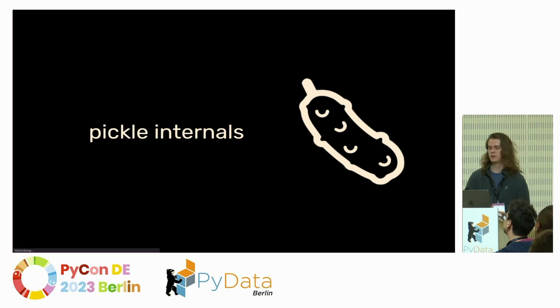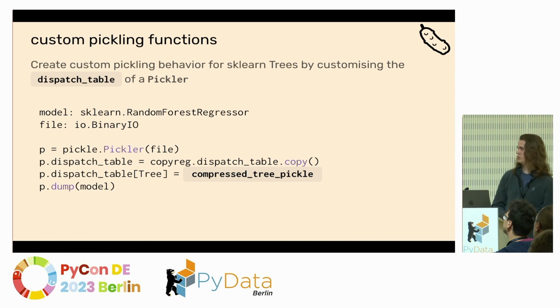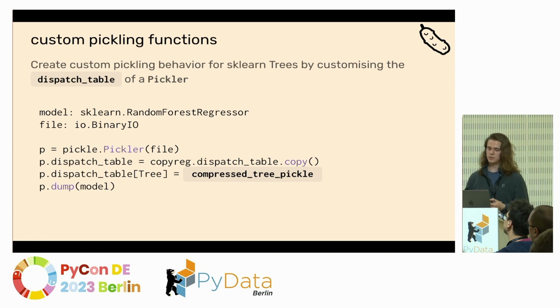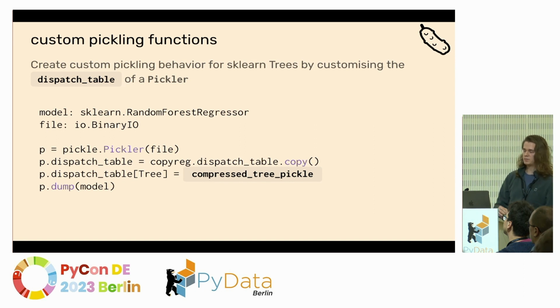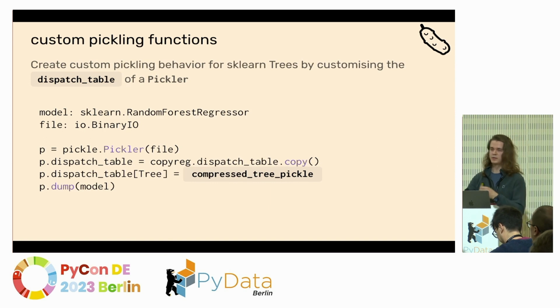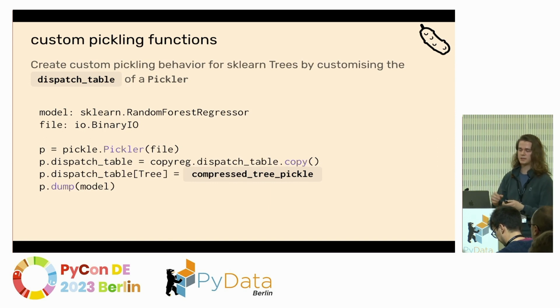What Pickle allows us to do is defining custom picklers. So usually you say pickle.dump and then file and model. But what you can also do is create a custom pickler. So you call pickle.Pickler of a certain file, and then you can specify the dispatch table. The dispatch table is basically a dictionary from class to method that actually handles the pickling of said class.